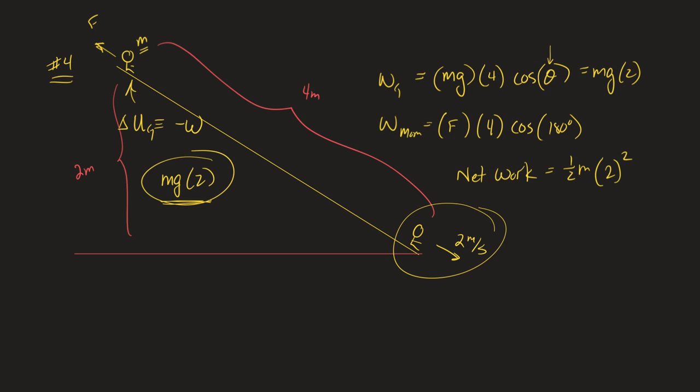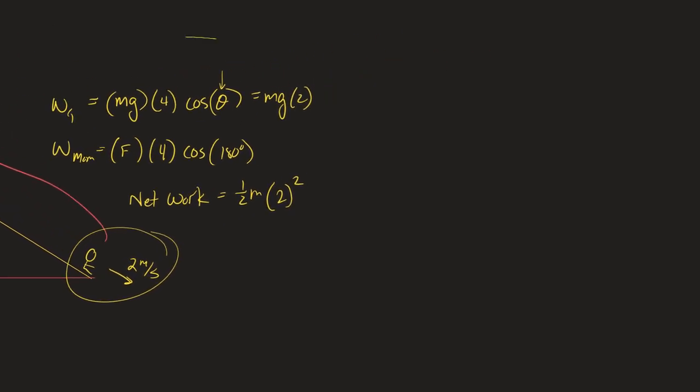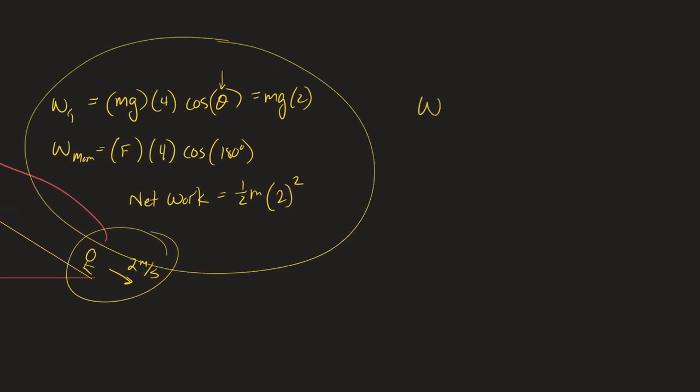We don't know how much force was necessary to push on the kid because we don't know m. There's no way m cancels out, not for the answer for how much work was done by mom. You might have canceled the m out by setting the wrong things equal to each other. But right now, the way this is stated, you would say that the work done by gravity plus the work done by mom has to equal 1/2 m times 2 squared.